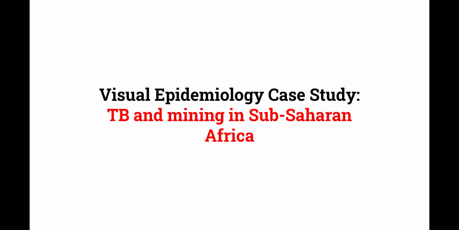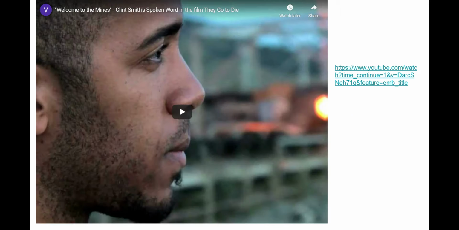So the case study of tuberculosis and mining in sub-Saharan Africa, I think, is a good one for demonstrating the ability of visual epidemiology. But this works for any disease that we deal with. So this next video I also put up on the website. This is a spoken word poem, which is a form of visual art that goes with visual epidemiology.